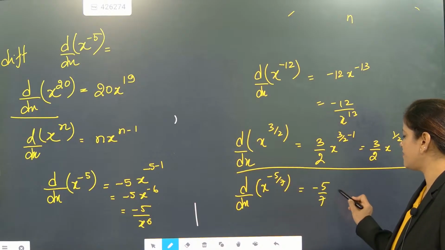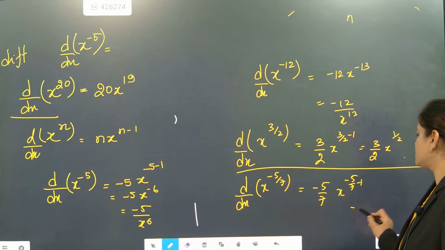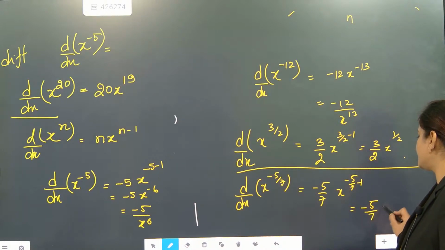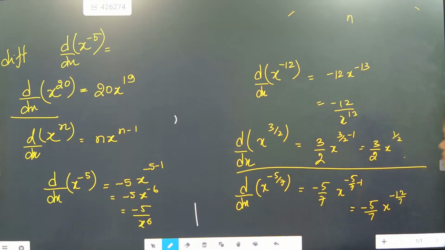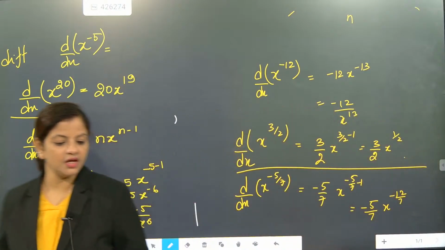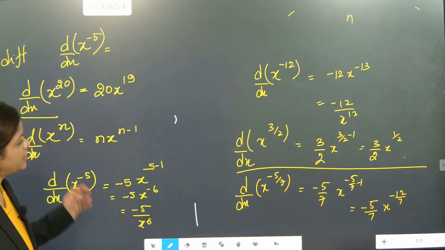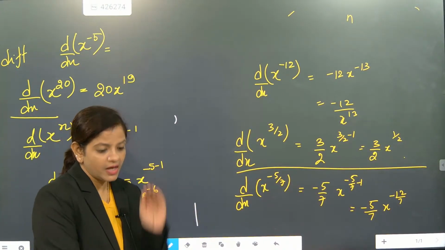Minus 5 by 7 x to the power minus 5 by 7 minus 1. So it will become minus 5 by 7 x to the power minus 12 by 7. Very good. So this is the shortest way. One differentiation we have done, and with the help of that, we can differentiate any variable.